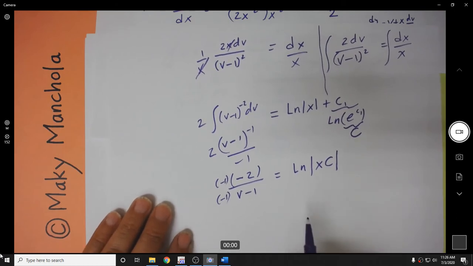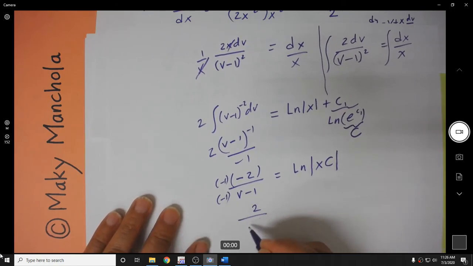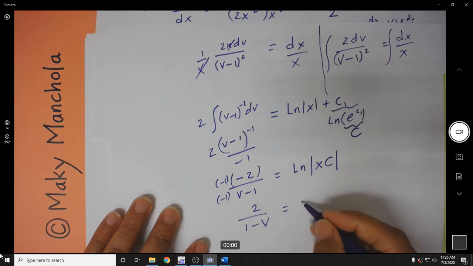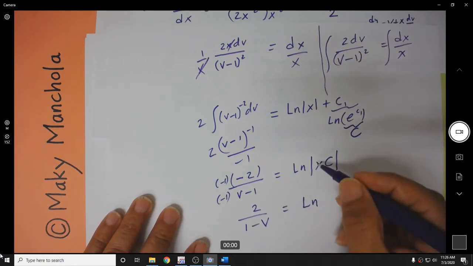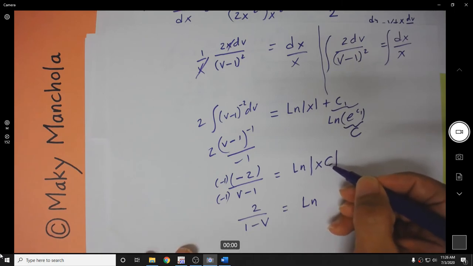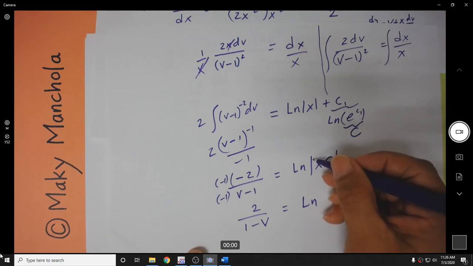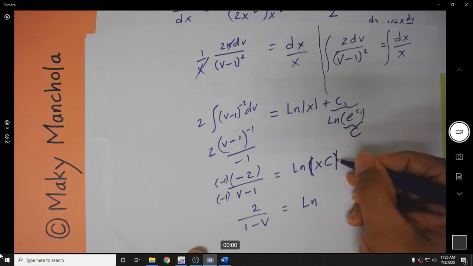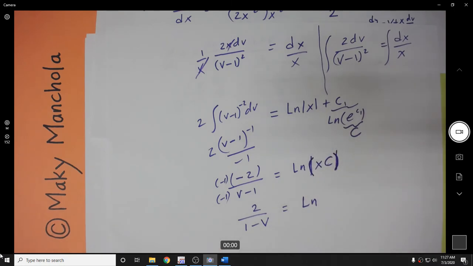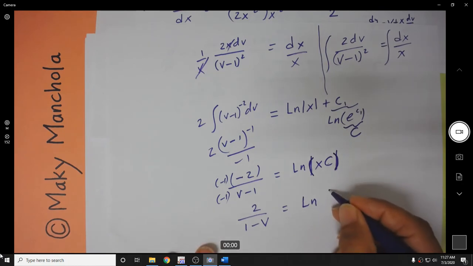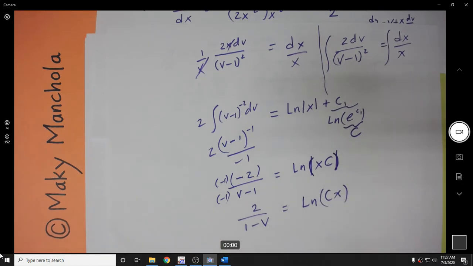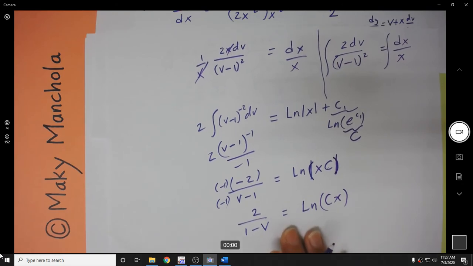So you get 2 over (1 minus v) equals the natural logarithm of, I could drop the absolute value if I were to absorb the sign on the constant. Let me go back and say that there is a parenthesis there. So I get Cx here. Okay, so we solved our resulting separable equation.